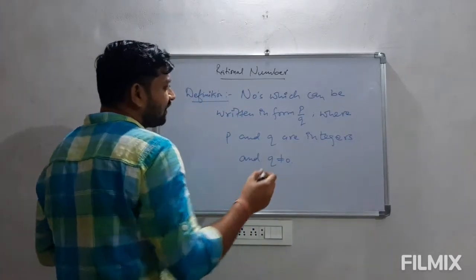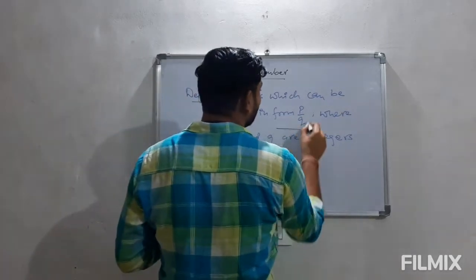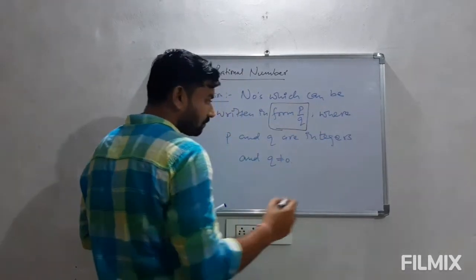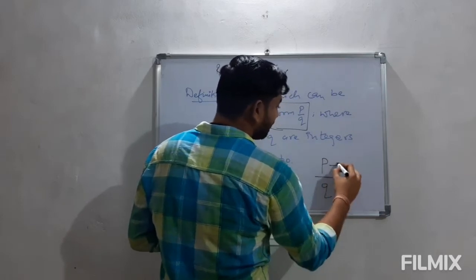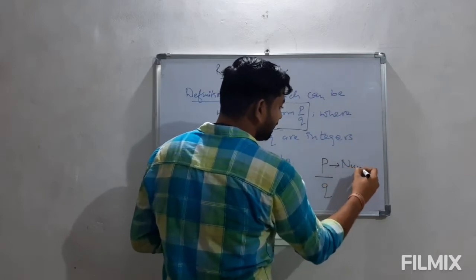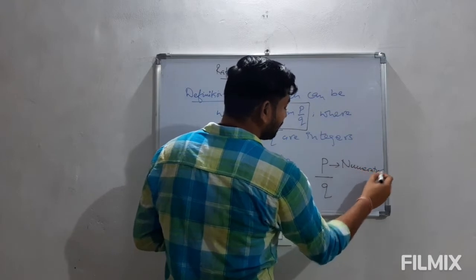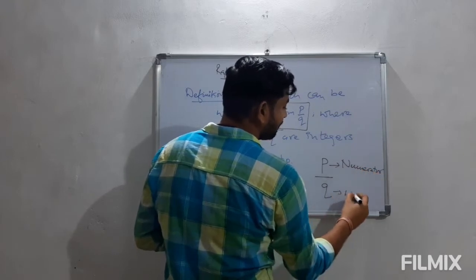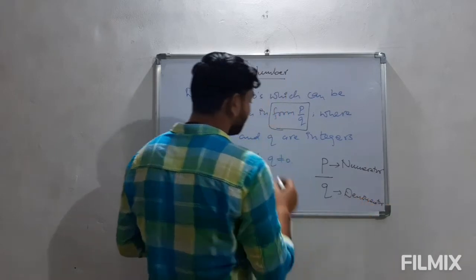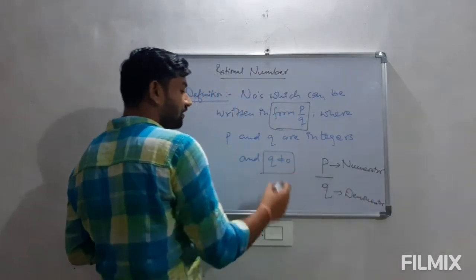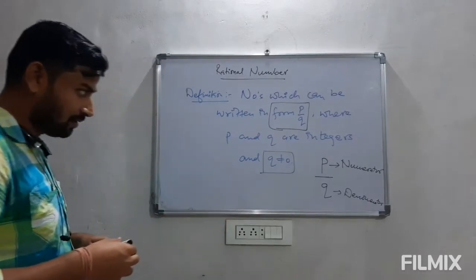Here, when we are writing the form p upon q, p is the numerator and q is the denominator. Now look at another important part, that is q is not equal to 0.